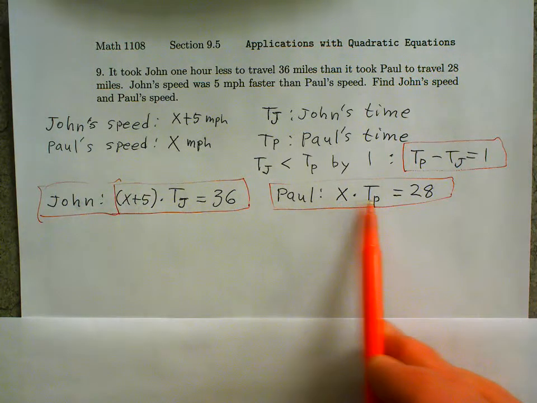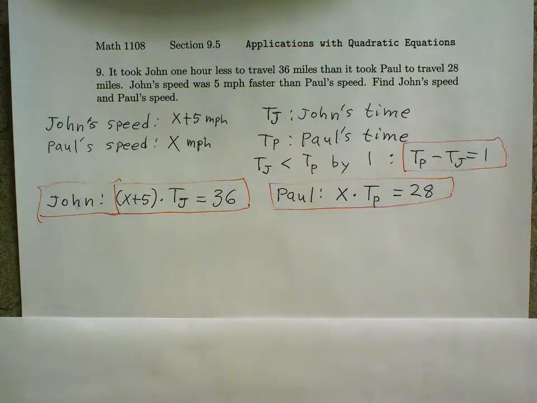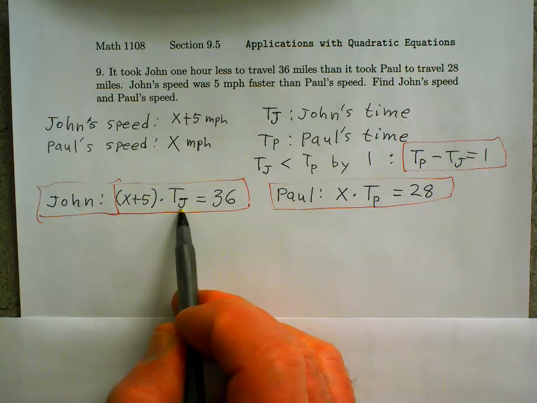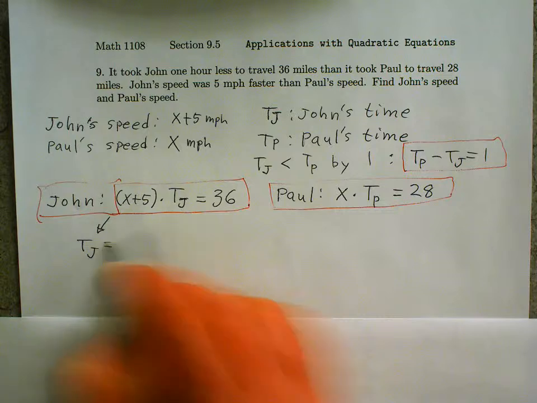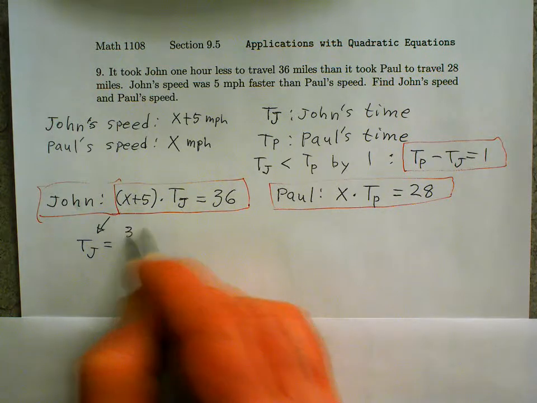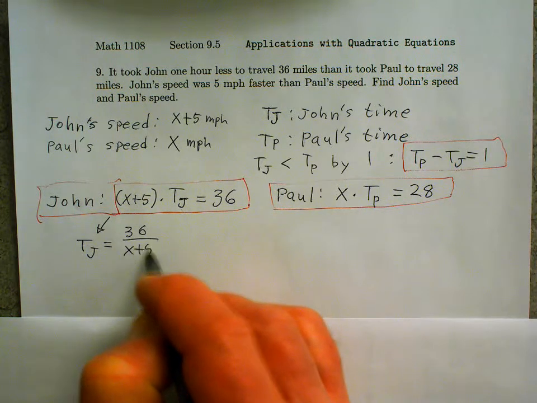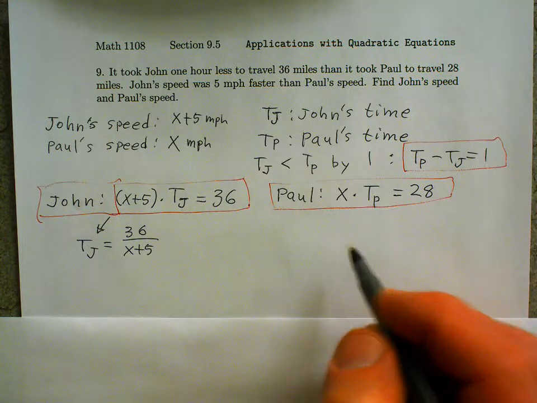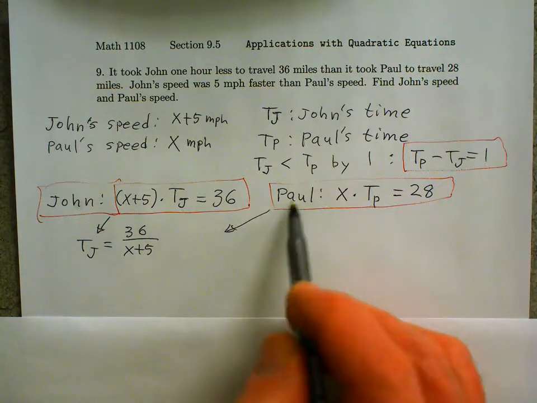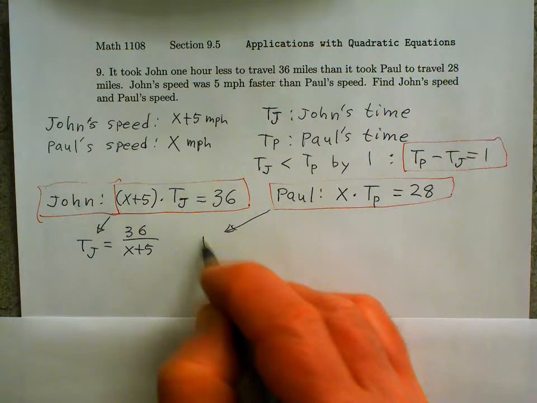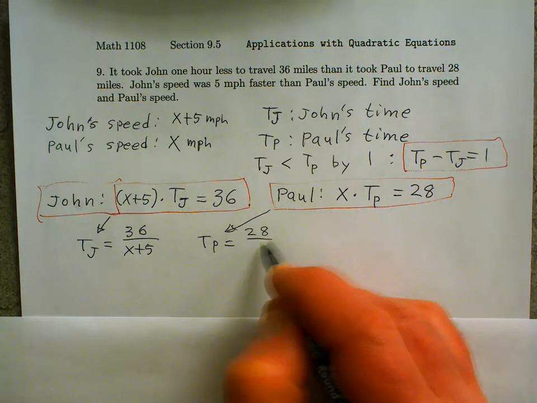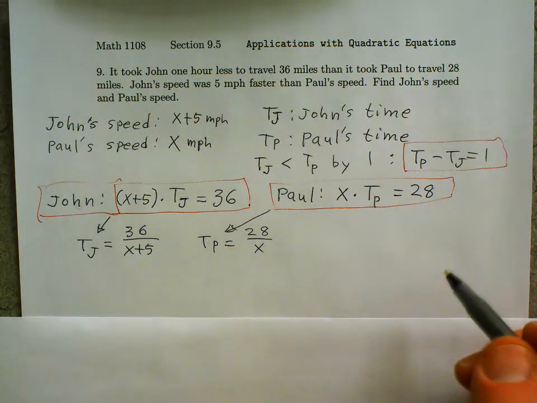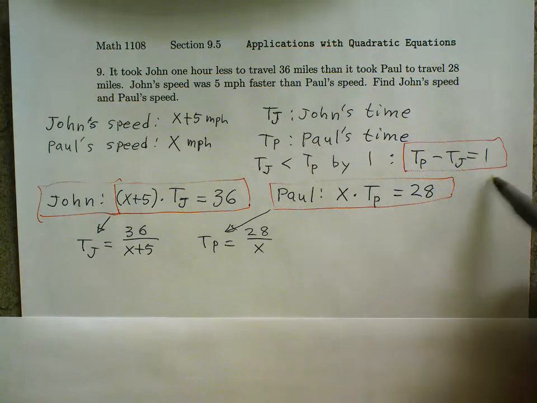If we solve John's equation for his time, T sub j is 36 divided by x plus 5. And in Paul's equation, solve for his time, T sub p equals 28 divided by x. And then substitute those into this equation.